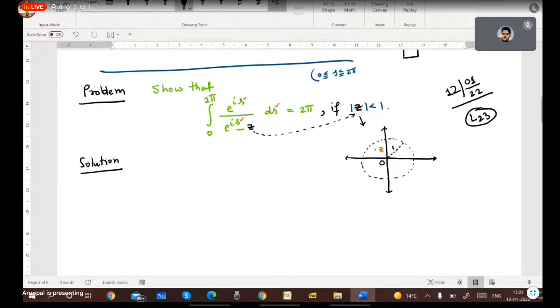It means in this open disk, you take any point z, the value of this integral will remain the same. Is this okay, class? You can see that the value of the integral is independent of this z. Is this okay, class?